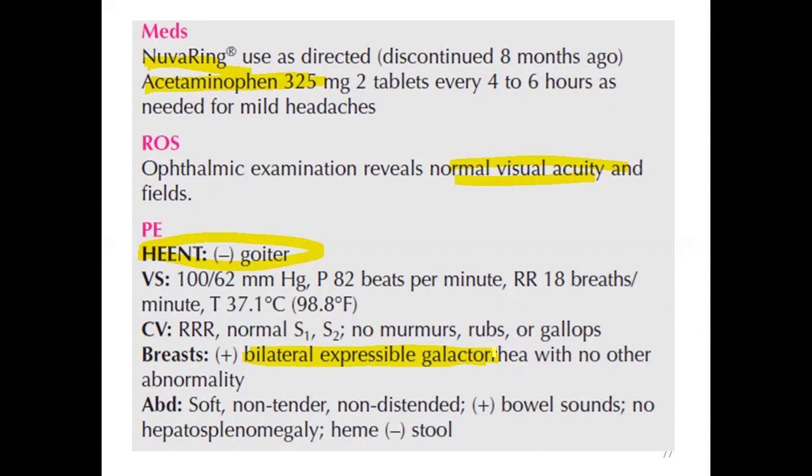Okay, the abdominal examination seems normal. Have you seen any finding from the abdominal examination? The abdomen is soft and non-tender and not distended, and there is a bowel sound, which is okay. No hepatosplenomegaly, and there is no blood in the stool.